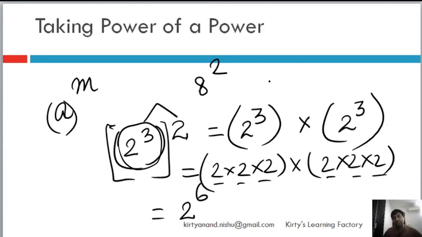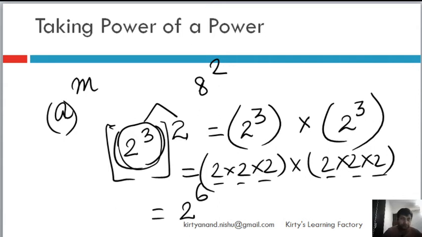So basically what I am doing is that when I am raising it to its own power, I am multiplying this number one more time, and therefore whatever the power here is, I am adding that power to this.